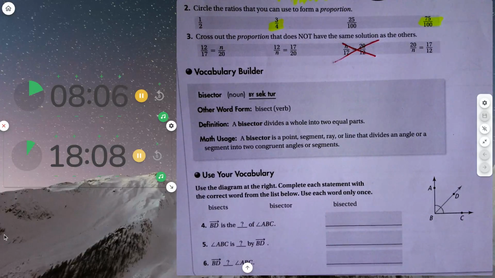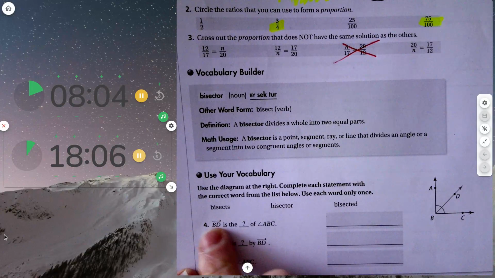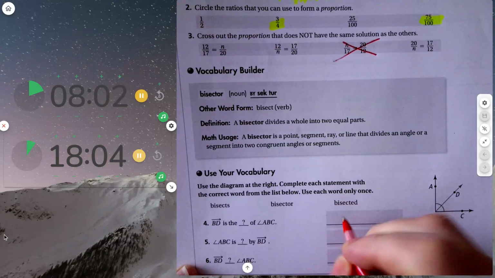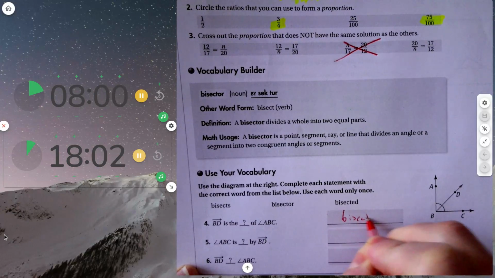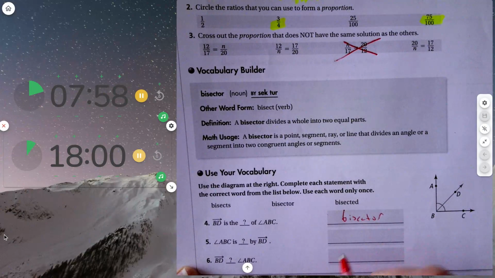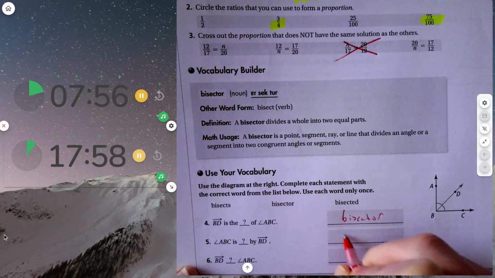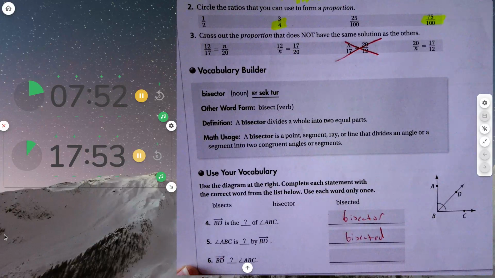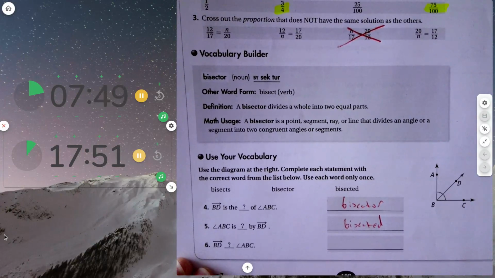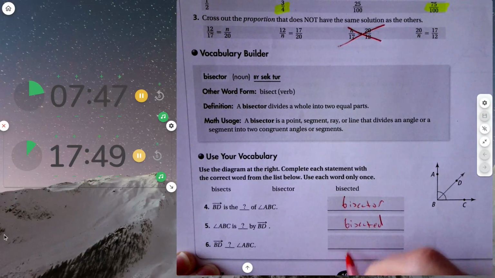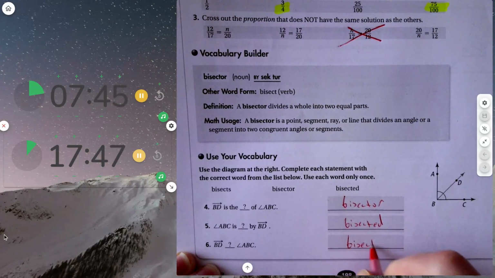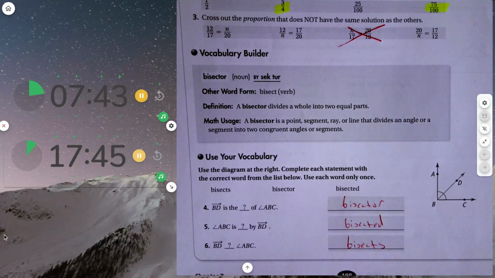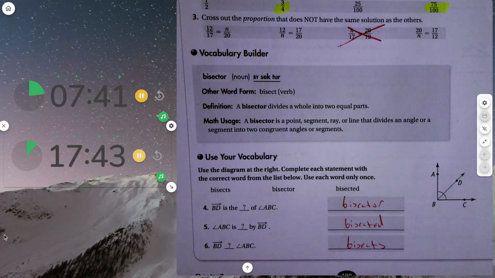Okay, so there you go. All right, ray BD is the bisector of angle ABC. Angle ABC is bisected by ray BD. Ray BD bisects angle ABC.